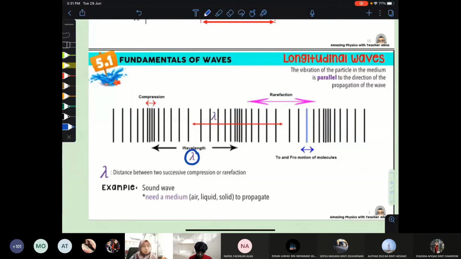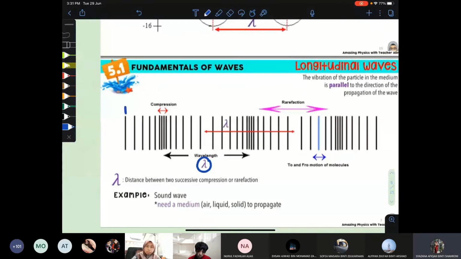Sometimes you may be asked to label the wavelength. If I start here, kalau saya pilih nombor ni, where should I make a line, dekat mana akan menunjukkan, which point, which line will give me a complete wavelength?